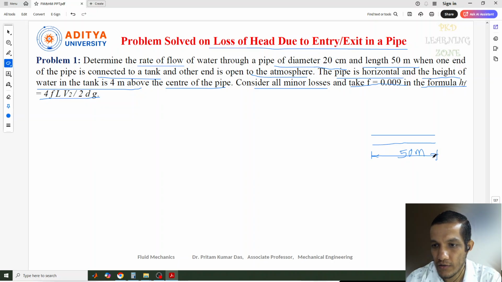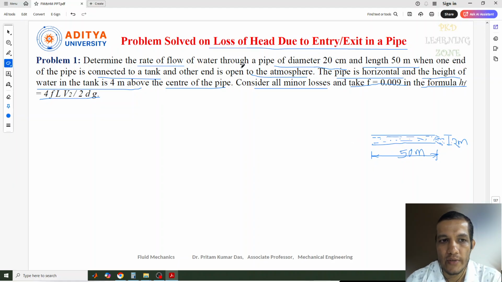Through this pipe the water is flowing, and the water is coming from a tank. One end is open to the atmosphere, so we can say this is the end where the water is going out to the atmosphere, and this diameter is 20 centimeters, so we can write 0.2 meter if you want to convert.